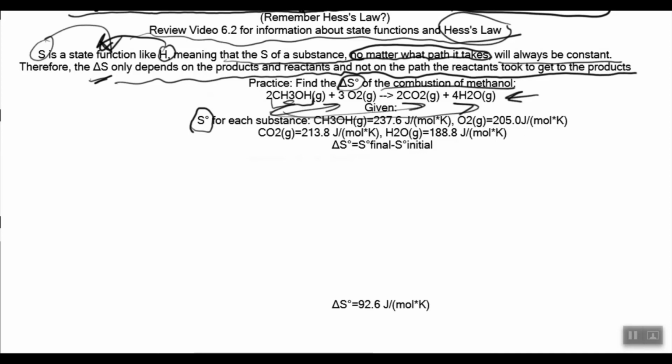And we are going to find the delta S naught by using this cool rule over here, that the delta S naught is actually equal to the total entropies of the final, or the products, minus the total entropies of the initial, or the reactants in this case, because final is after and initial is before.